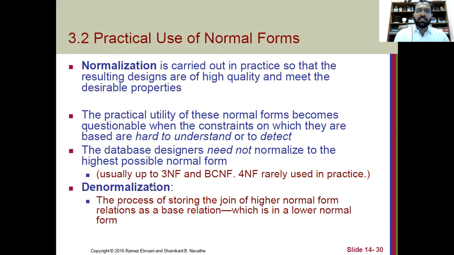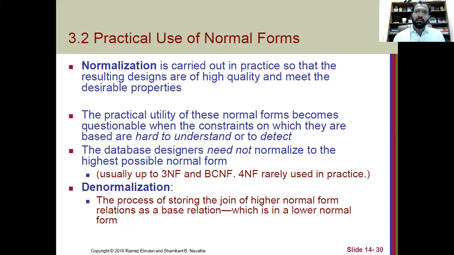What is denormalization? If there is normalization, there is also the concept of denormalization: the process of storing the join of higher normal form relations as a base relation which is in a lower normal form. When we normalize, the relation decomposes into two or more relations.